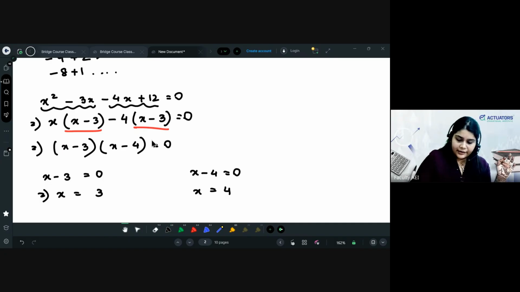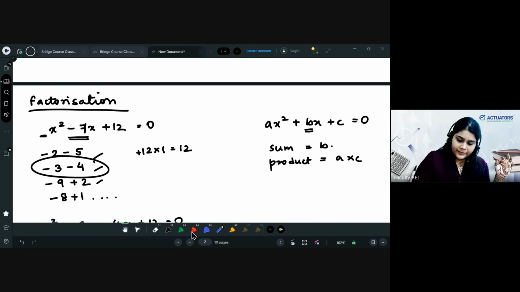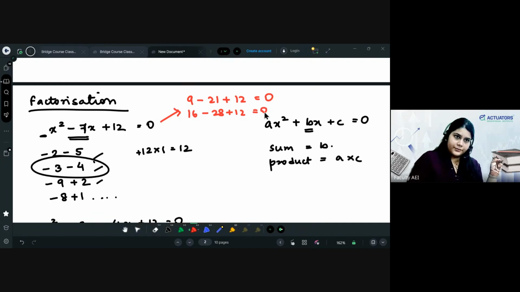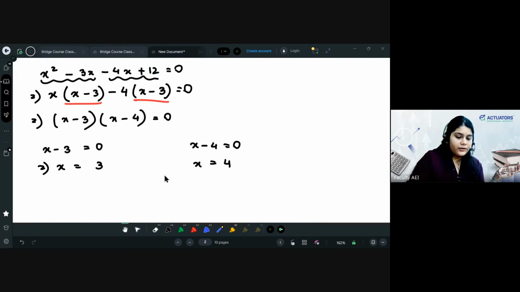Back testing, if we input 3 or 4 in this, if we put 3, 3 square 9, 9 minus 7 into 3, 21, plus 12, what will come? 0. If we input 4, 4 square 16, 7 fours 28, plus 12, again 0. Any other value you try putting in instead of x in this equation, you will not get 0. Okay, so that is how we do factorization.